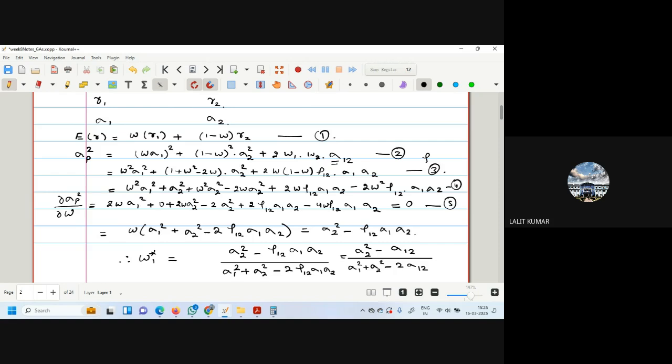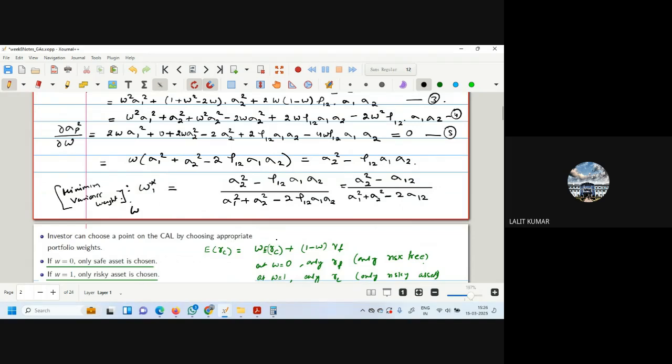Directly you put the values and you can find. This is known as your minimum variance weight. That for the minimum variance, what will be the optimal weight? And W2 star will be equal to 1 minus W1 star.